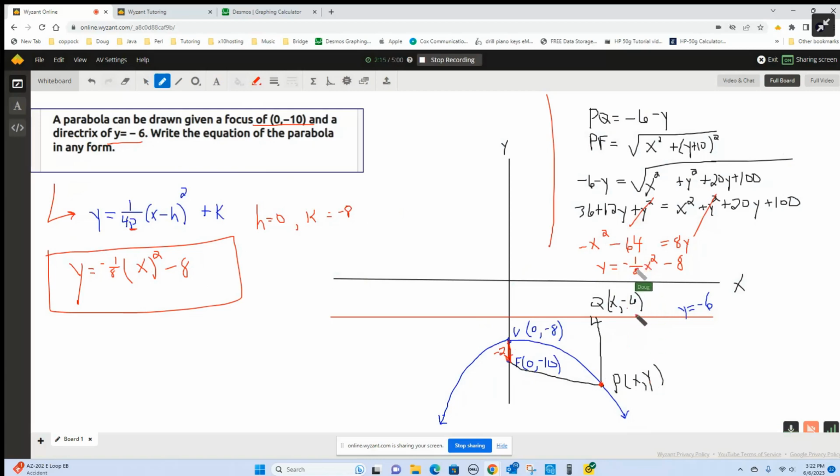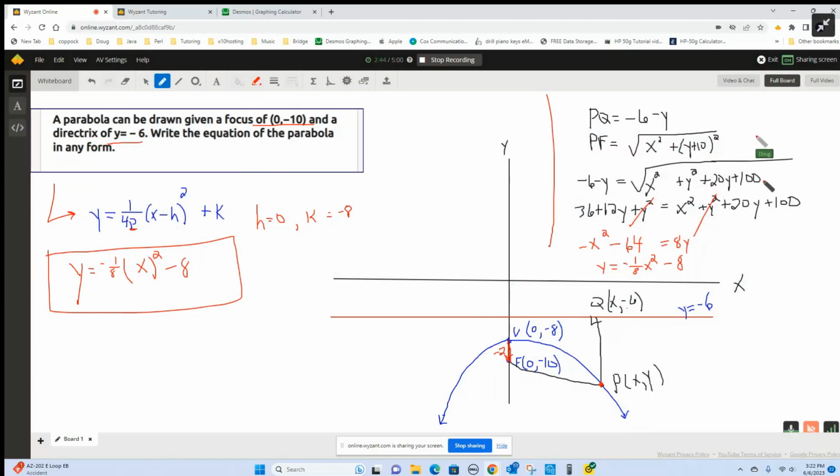And for a vertical distance, we can just say it's the difference between the coordinates, -6 minus y. And the distance from P to F is found using the distance formula, the square root of the change in x squared, which is (x minus 0) squared, plus the change in y squared, (y minus -10) squared. And those distances for a parabola have to equal each other.